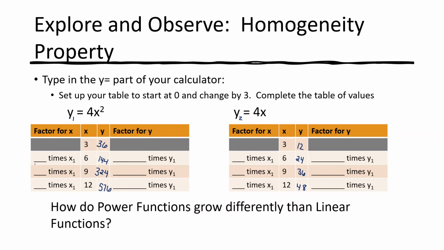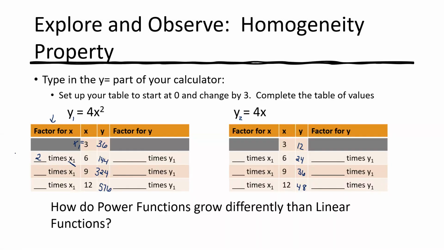Now, what we're going to do is go back through these and look at the relationship. So in the factor for x column, I say blank times, and they all are compared to the x sub 1. My x sub 1 value is this 3, my first x value. As I look at 6, my second one, it is 2 times the x sub 1.